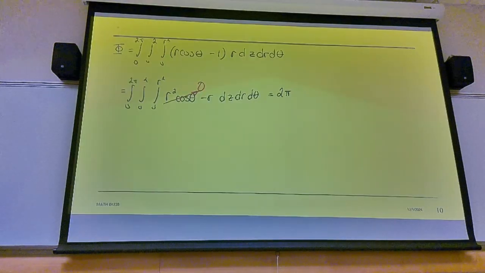That's what we're left with. So it's going to be negative pi over 2 r to the 4th from 0 to 2. What's 2 to the 4th? 16, divided by 2. So our outward flux is negative 8 pi.